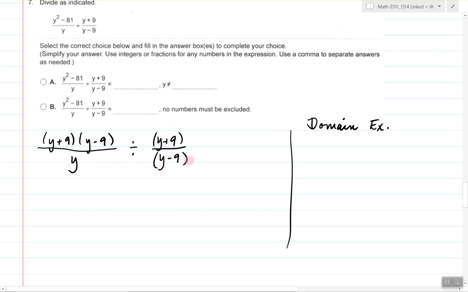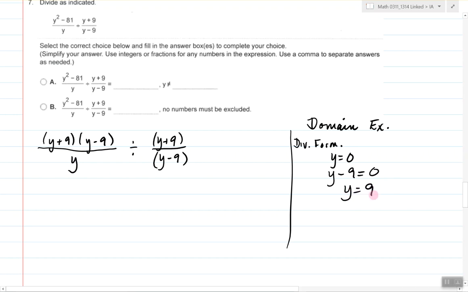So I want to talk about domain exclusions when I'm in the division format. I have y equals 0. That would be a domain exclusion. I also have y minus 9 equals 0, which means y equals 9 is a domain exclusion.